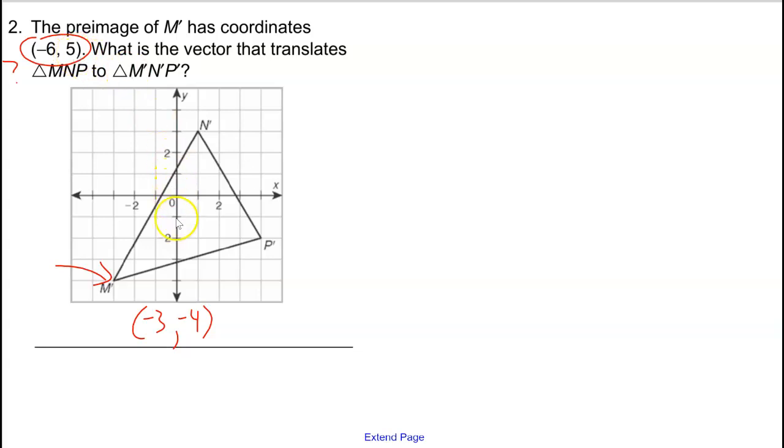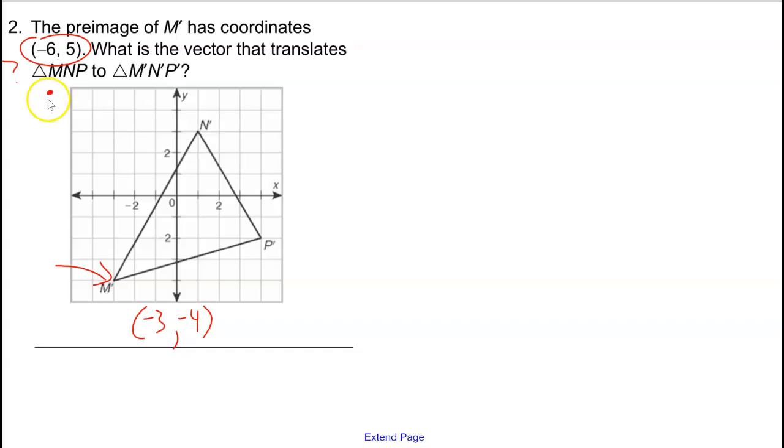Where's -6, 5? Find that point. Alright, it should be here. It is off the graph a little bit, but this is the point.